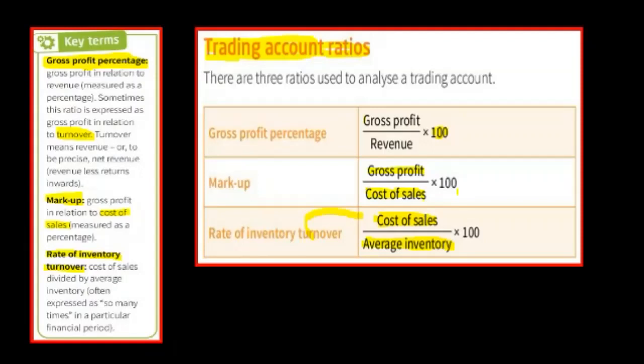Opening stock and closing stock is just two items, so that's why we divide by 2 to get the average. You do not multiply it by 100. It is equal to a number of times.